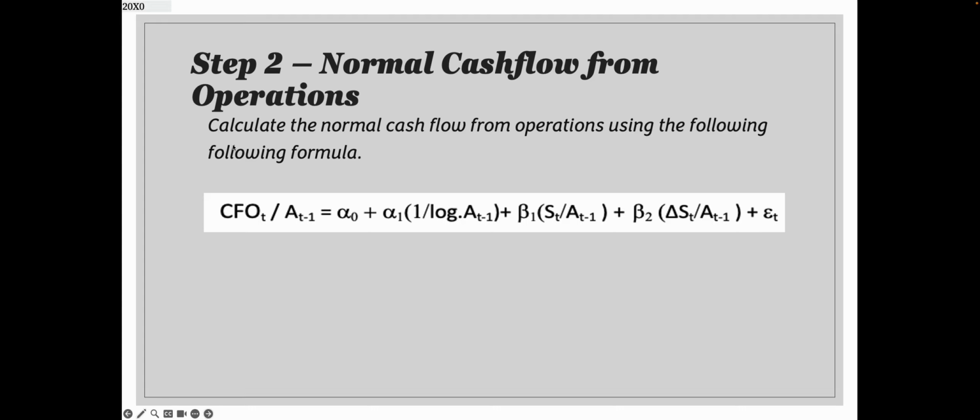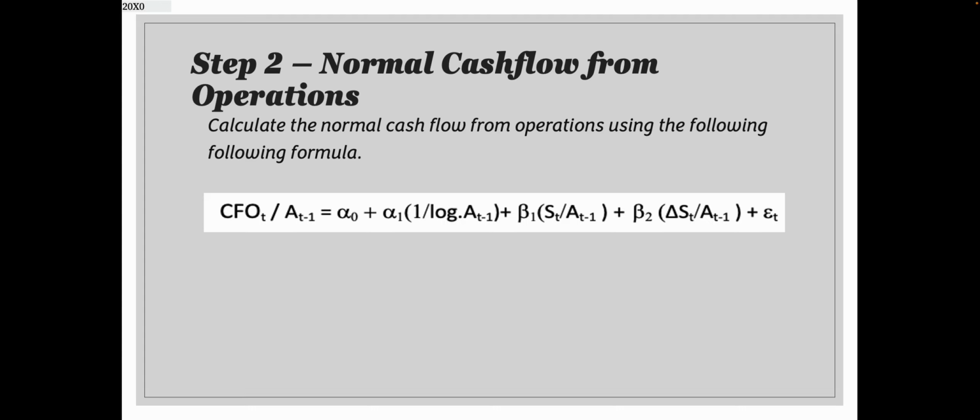CFO is the cash flow from operations, A is the asset, and these are alpha 0, alpha 1, the log of assets, beta 1 plus beta 2, and S_t is for the current sales, and epsilon at the end is the error term. Do not worry, I'm just giving the foundational theory behind how to do this. We will see the practical example in the next session.